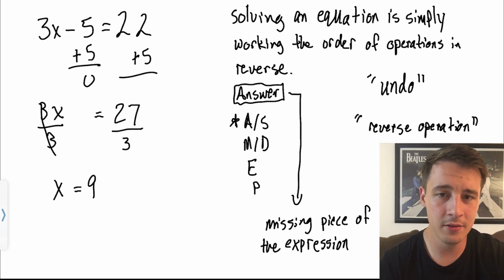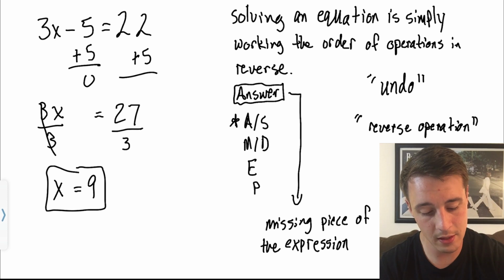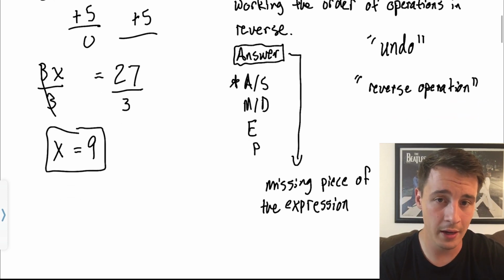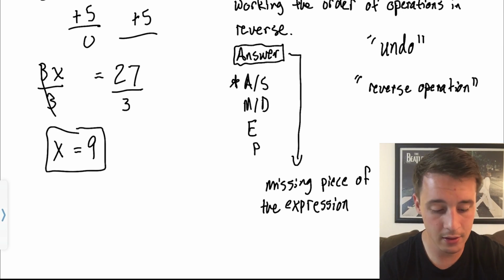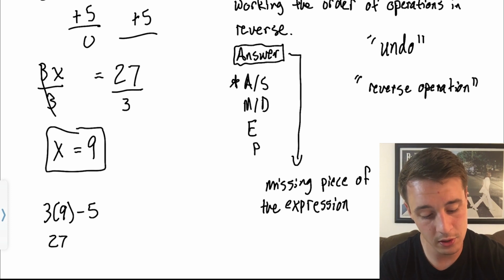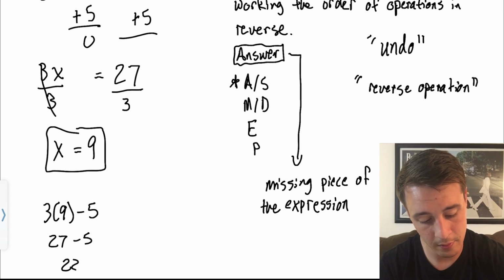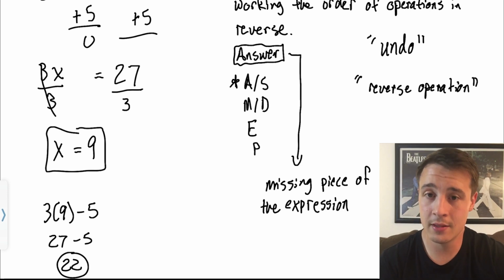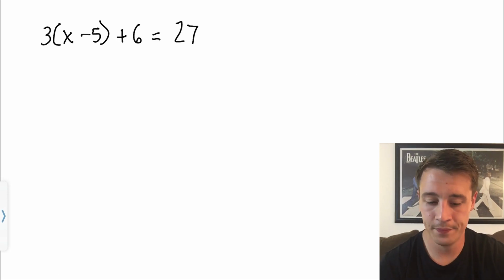And then 27 divided by 3 is 9. And that's our answer for our variable x. Now, if we want to check this, we would simply plug back in 3 times 9 minus 5. 3 times 9 is 27. Minus 5 is 22. So that completes our expression.